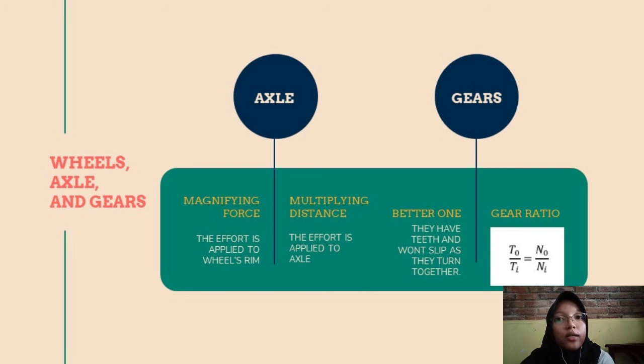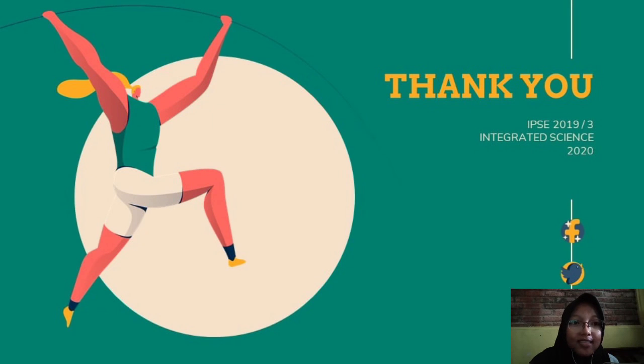The gear ratio is the inverse of the ratio of teeth in two gears. An example of gears is a bike. A bike uses gears connected to a chain to give movement to the bike, and gears mesh directly to change the speed of a rotating shaft. Alright, this is the end of the video.